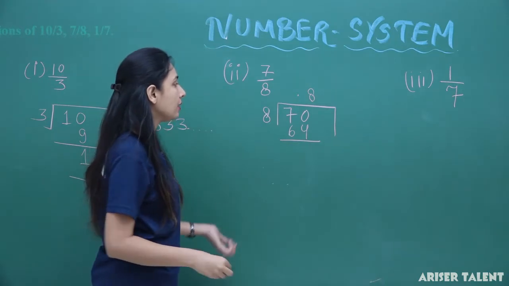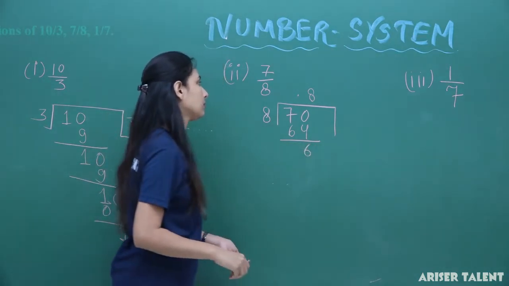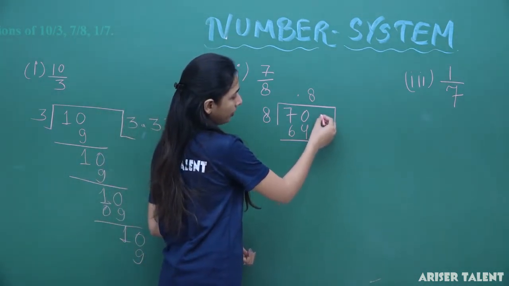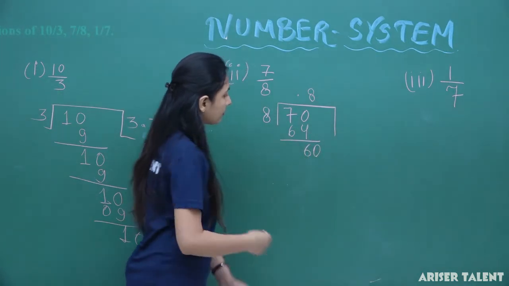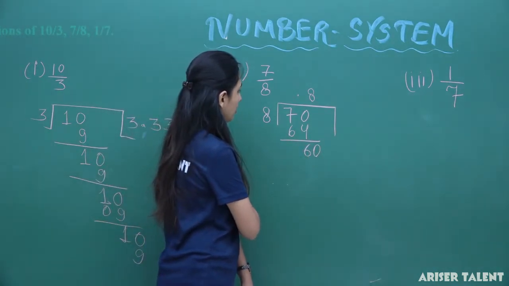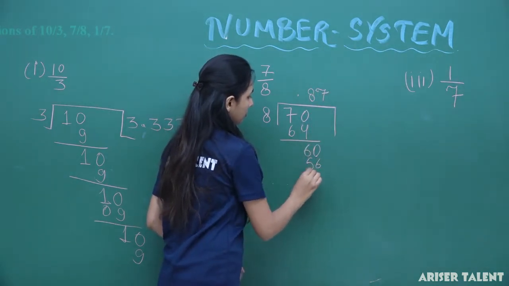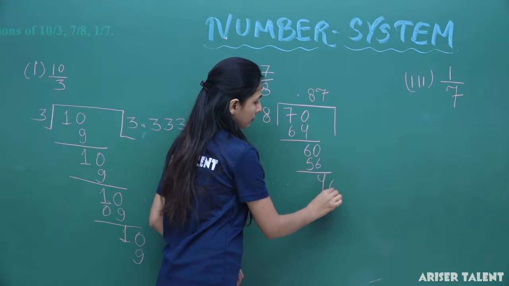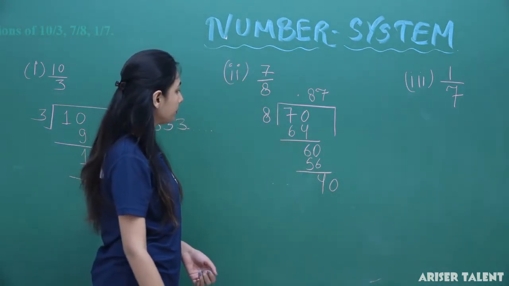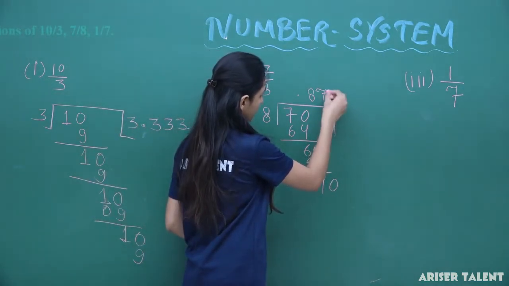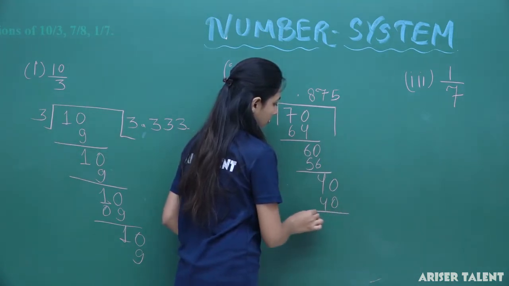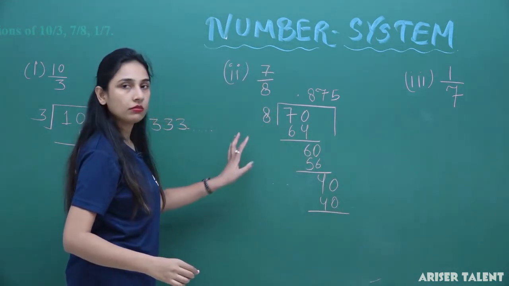Okay, what am I getting now? 6. 0 again, sorry, it will be 0 again here. 7 times 4, 0 again, sorted.